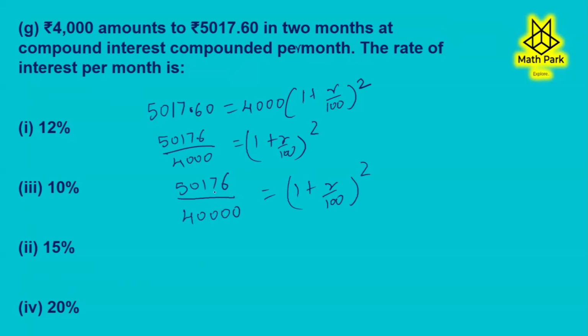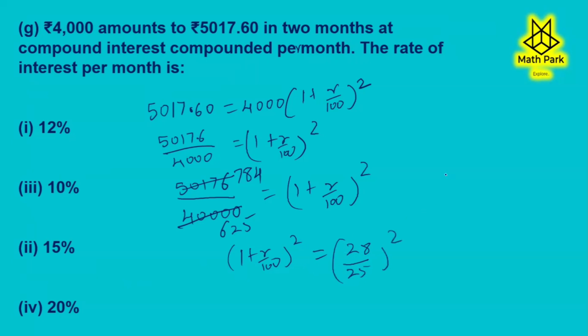On simplifying, dividing it continuously, I'm getting this as 784 upon 625. Now 1 plus r upon 100 square is 784, which is the square of 28, and 625 is the square of 25, the whole square.